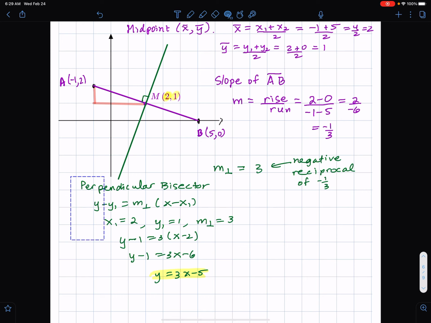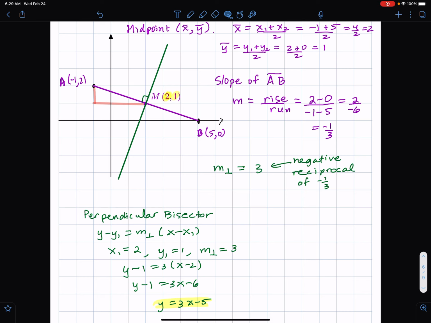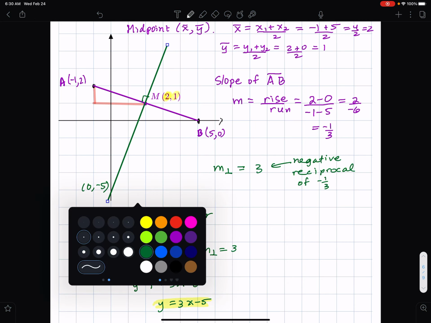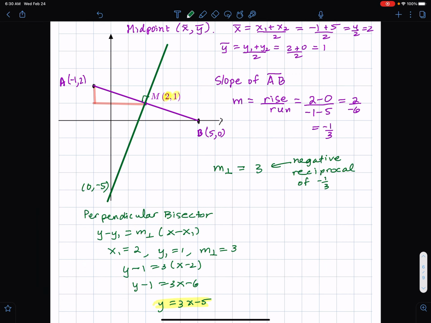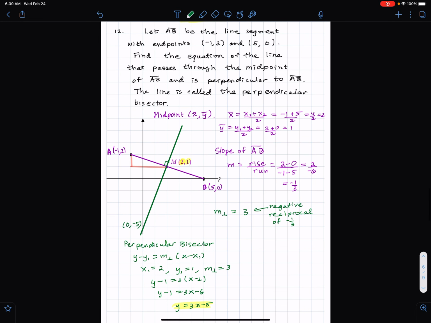Let's move some of the stuff down here and then extend this down to negative 5. So we have 0, negative 5 there. And that's our line. Okay, so we did it. It's y equals 3x minus 5.